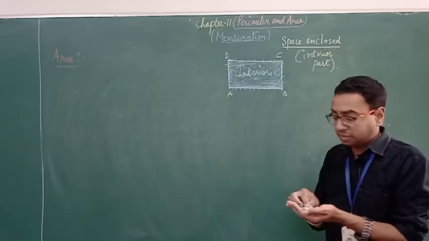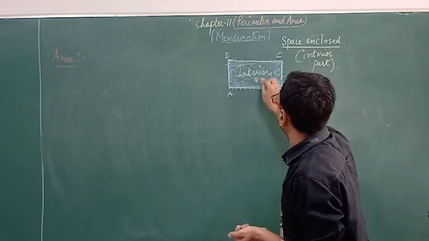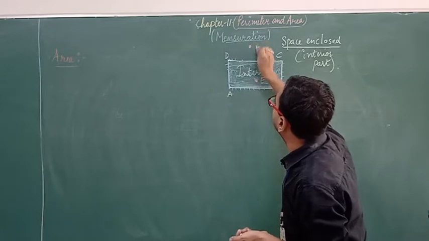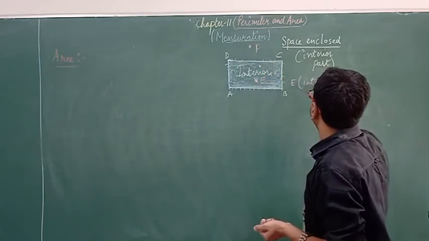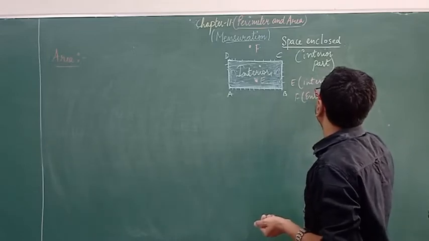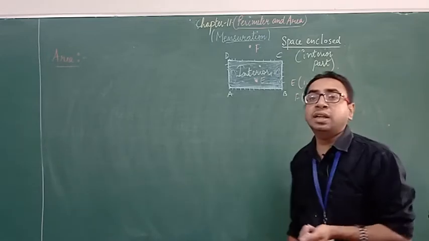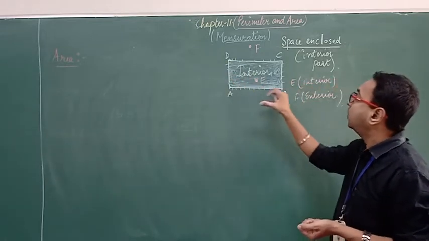For example, point E is the interior, but point F is the exterior. This is called interior, and point F is called exterior because it is outside. Are we clear? So for an area, it is very important that it is the space enclosed.